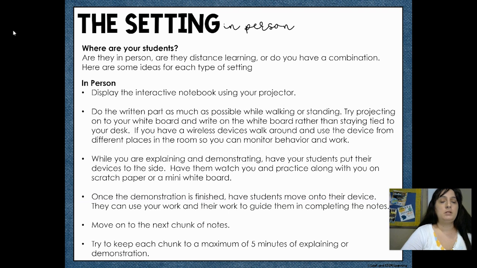So another thing that you may want to think about, if you have wireless devices like a wireless mouse or wireless keyboards or one of the notepads where you can actually walk around while writing on your computer screen, is those are great for digital notebooks because you can actually get up, get into different groups of students.